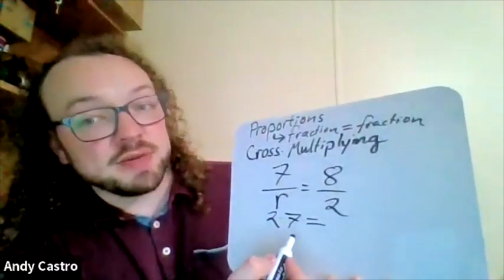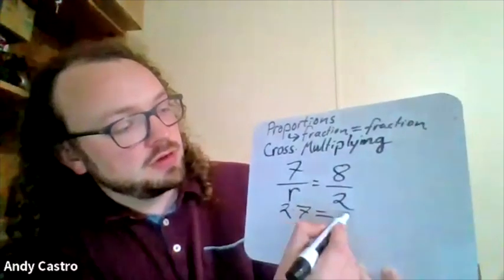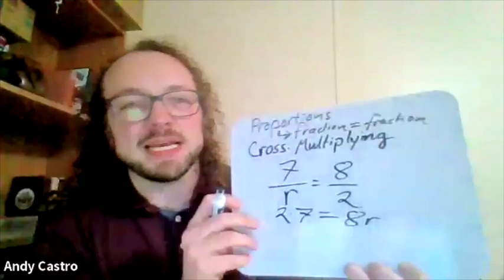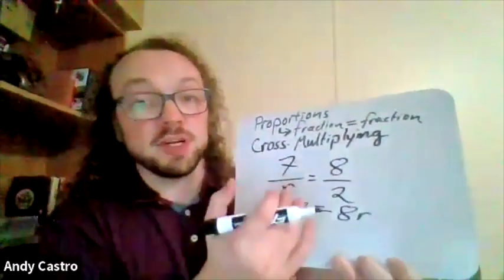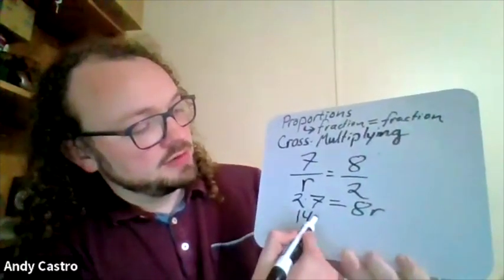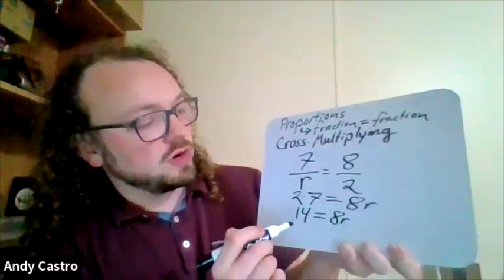And then for the right side of my equation, I'm going to do this diagonal, 8r, or r times 8, but we usually put the number, then the variable. So 2 times 7 is 14, and then I've got 8r.